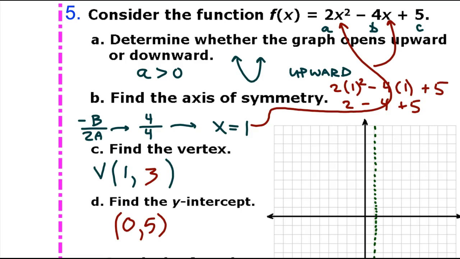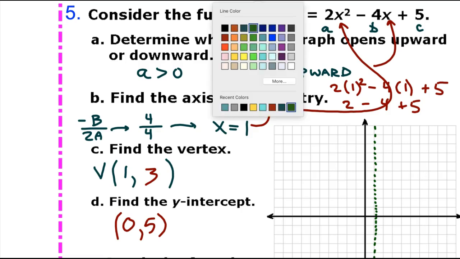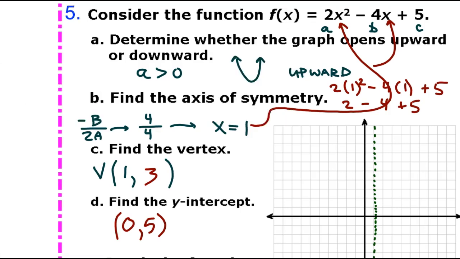We determined that it is at 1, 3, so that is going to be up here. Now if I find one other point, I can plot it and then reflect it. So 0, 5 is my y-intercept, right here. Since it's symmetrical, it's going to be the exact same y value on the other side of the axis of symmetry.